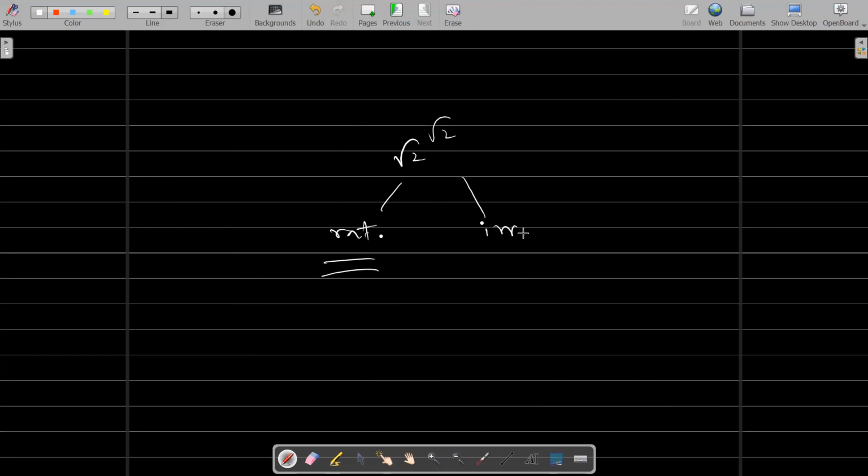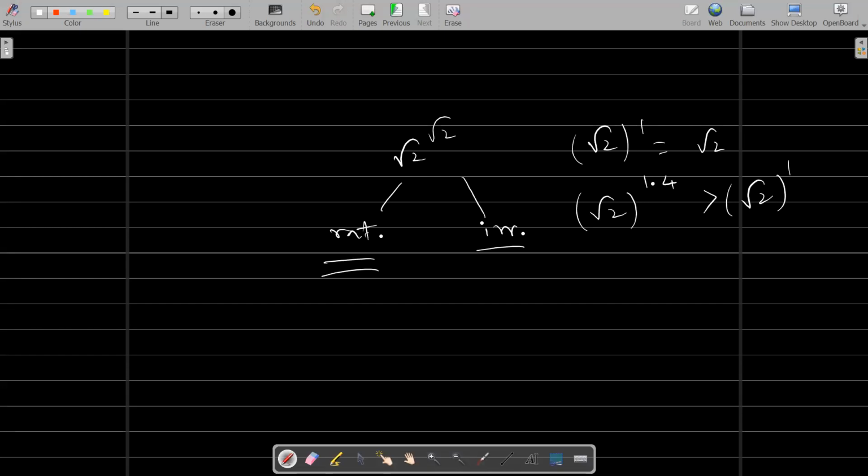Sir, I understood the logic. I'm just asking, is root 2 raised to root 2 root 2 itself? No, that will be different. See, root 2 raised to 1 is root 2, right? And root 2 raised to root 2 is approximately 1.4 something, so it will be bigger than root 2 raised to 1. But then can't we write it as 2 raised to half, raised to 2 raised to half?